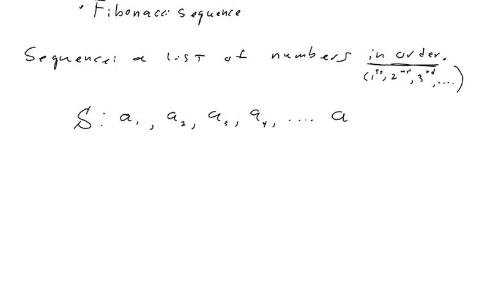And then the next number is A2, A3, A4, etc. until you reach a general number A sub n, and then you keep going. So this is how we write out a sequence using these A's.